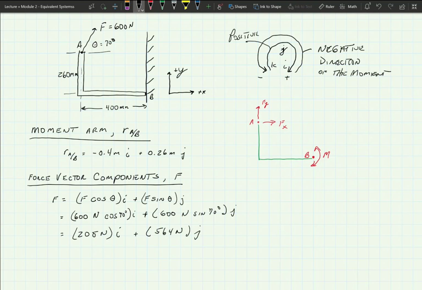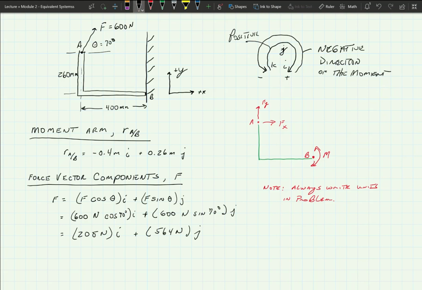Now, the other thing is, note, always write your units out. Okay.